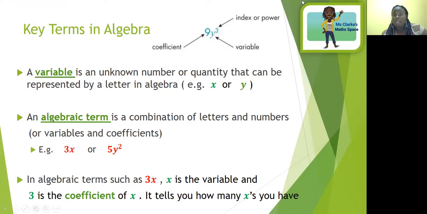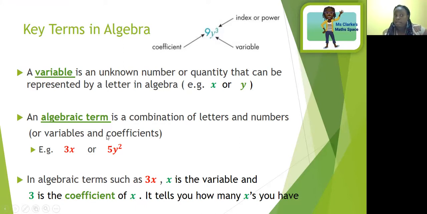If you go straight back to the top here, where we have 9y to the power 3, or 9y cubed, the 9 is known as the coefficient. The y is connected to a number 3 to make it y cubed, and y cubed would be the variable, and the number 3 here is the index or power.